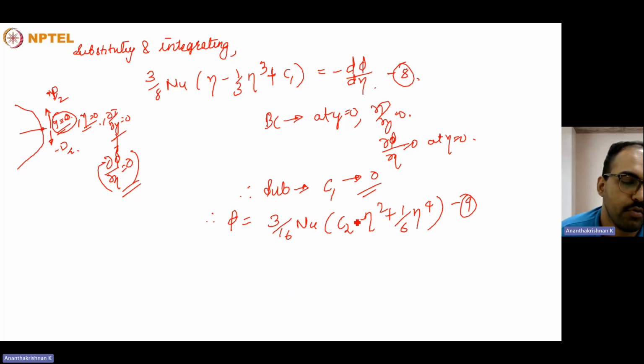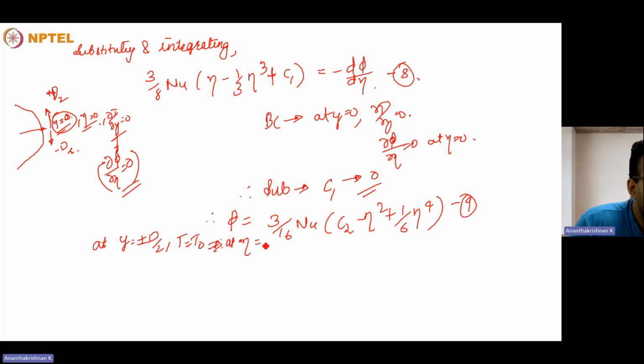Before that we need to find the value of C2. We invoke another boundary condition. We can write at y is equal to plus or minus d by 2, T is equal to T0. That implies that at eta is equal to 1 or plus or minus 1, phi is equal to 0.